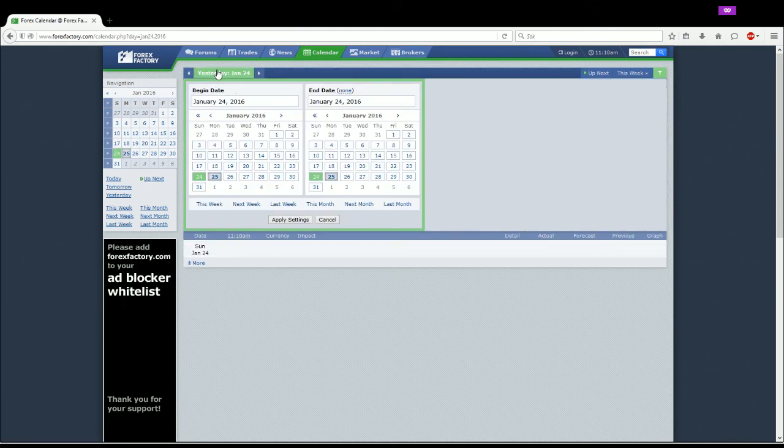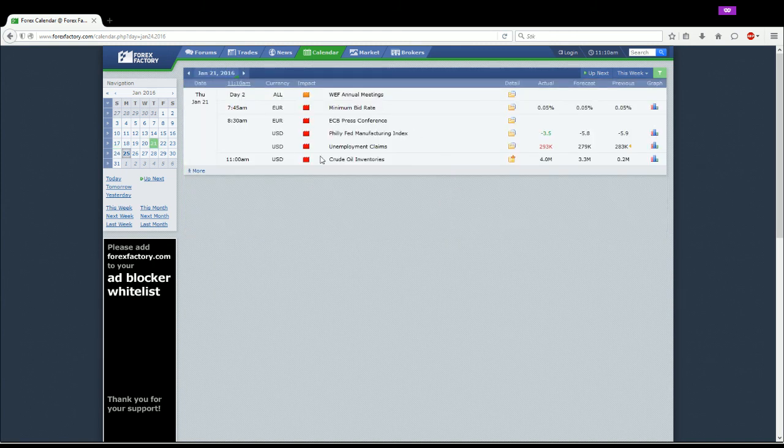Let's see if we have any from last week. There you go. Here you have medium impact and high impact. Those are the things you want to keep in mind, and check the details before you trade.